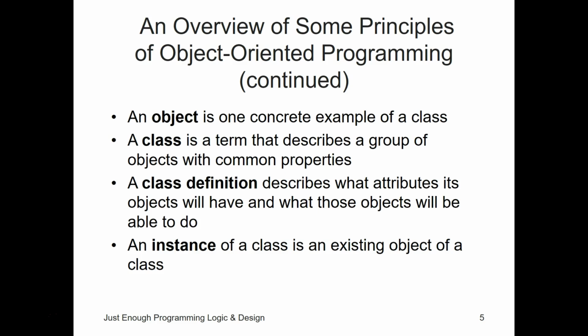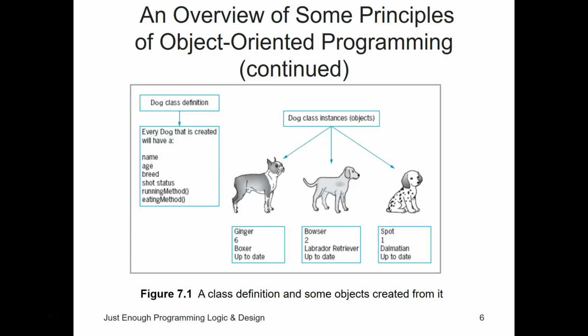So, an object then is one example of that. So, in the class people, I am an object or an instance of a person. So I know that seems a little odd, but take a look at this. This maybe makes more sense.